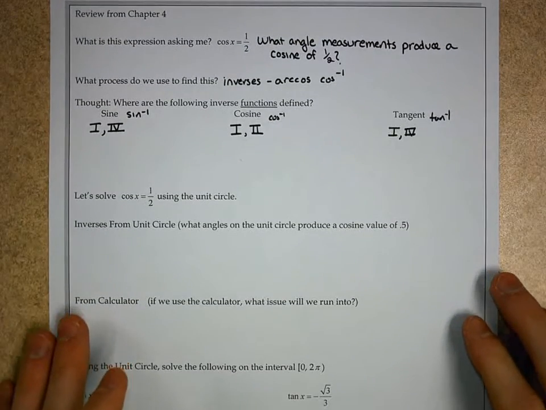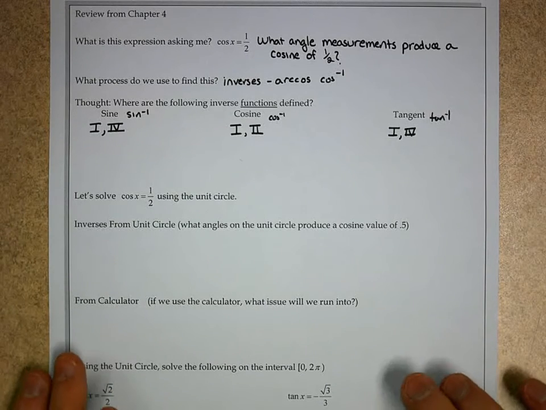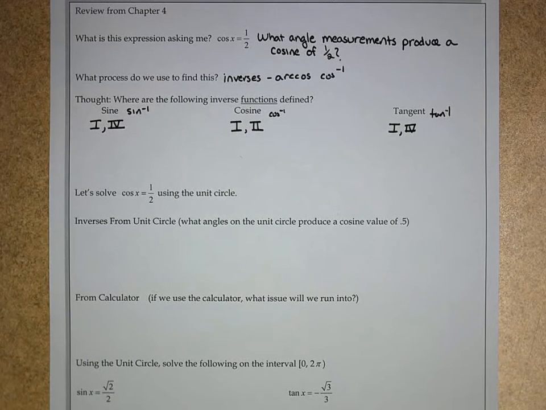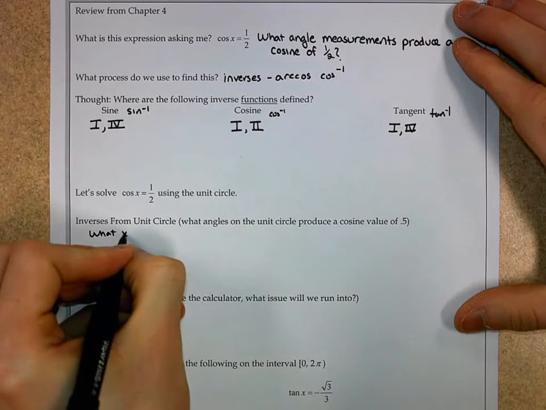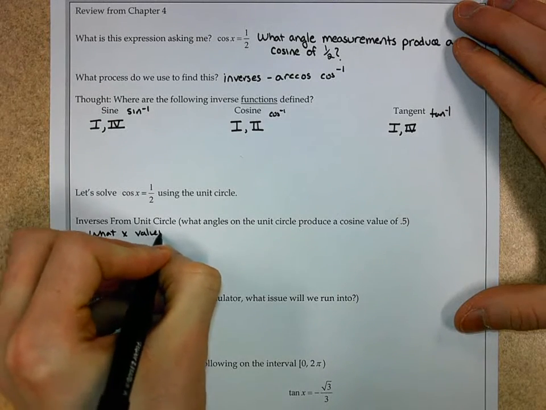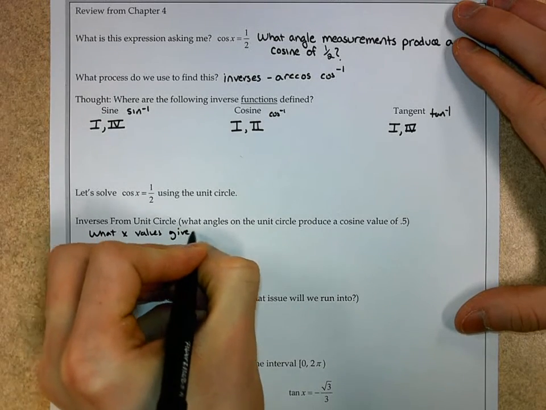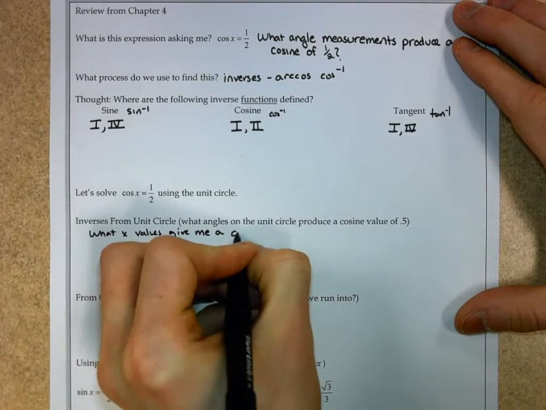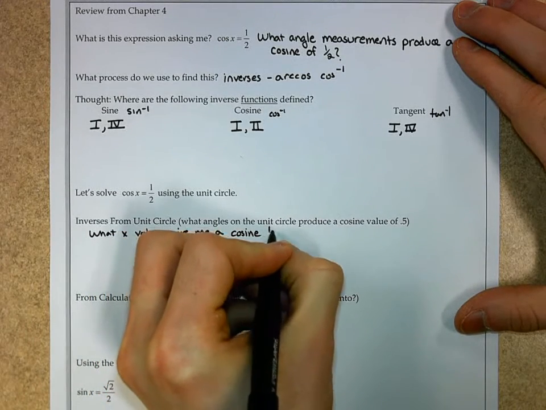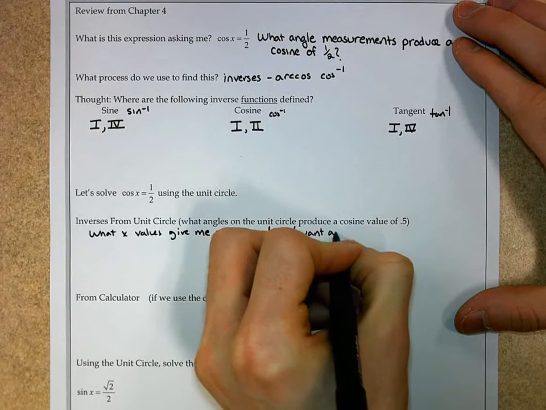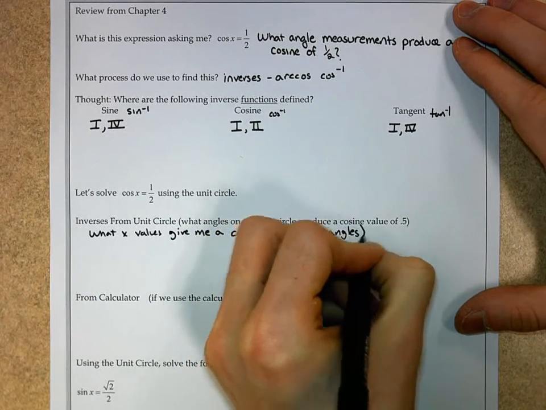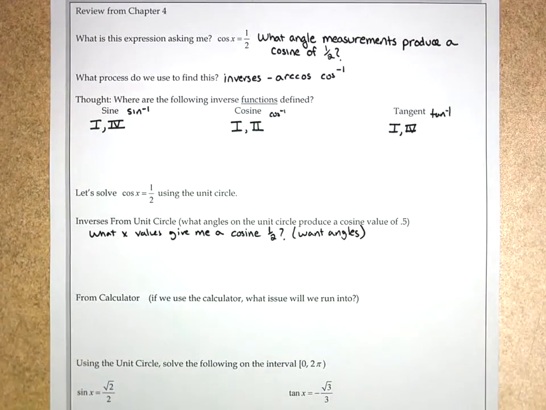So if we solve cosine of x equals 1/2 from the unit circle, we want to look at the unit circle and say, what x values give me a cosine of 1/2? And I specifically want the angles.